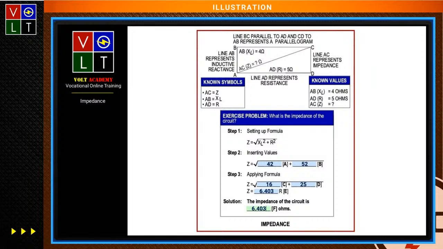You look at the values that are there, and by the time you square that and the resistance, you're going to end up with an impedance of 6.403 ohms. That's why we like to lay this out and show you how to do all these vectorially, so you can do these calculations correctly.